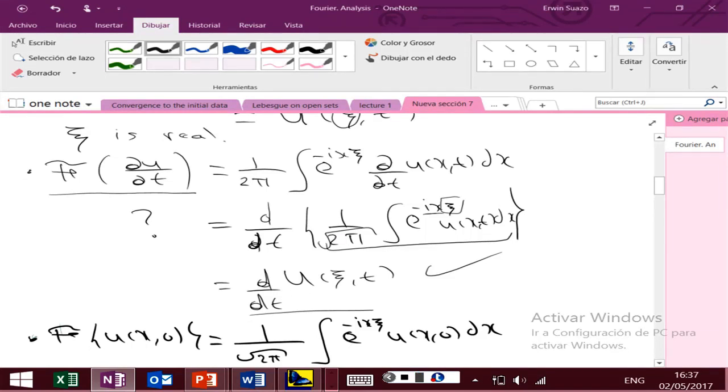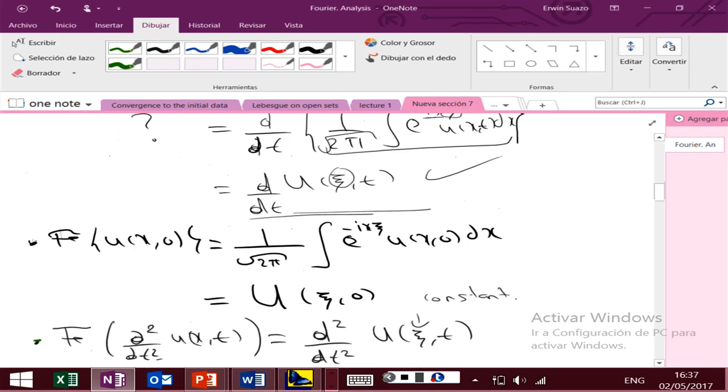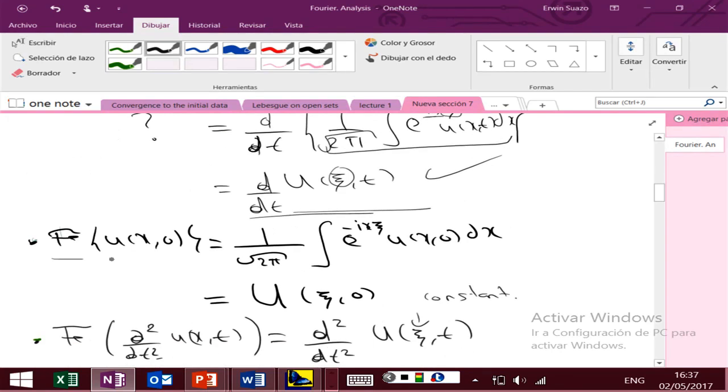Today I'm going to use k instead of that symbol. Also, the Fourier transform of u(x,0) gave U(ξ,0); today I'm going to use U(k,0) because I want to say that's a constant.